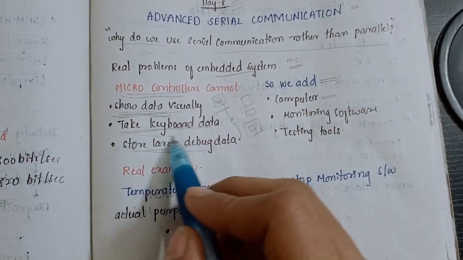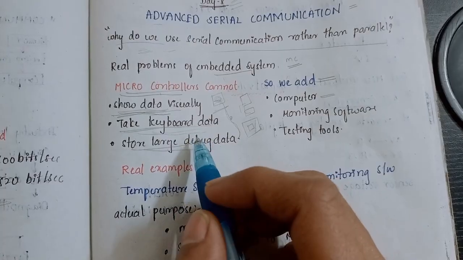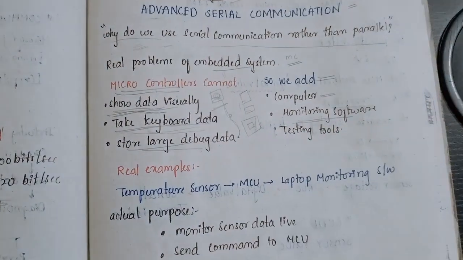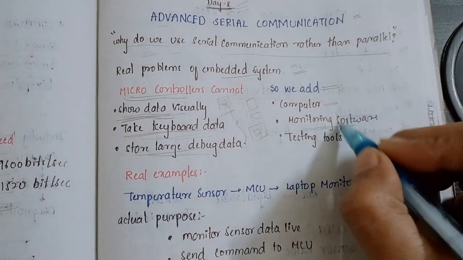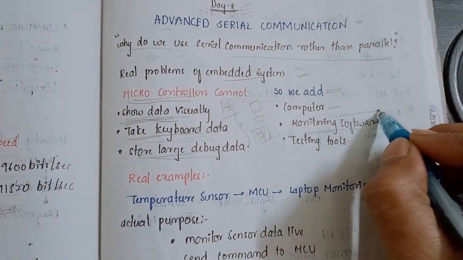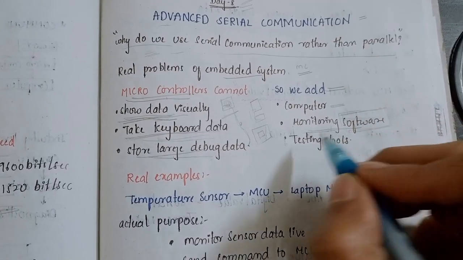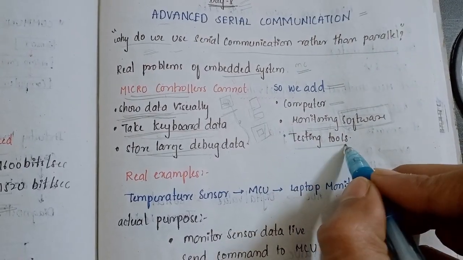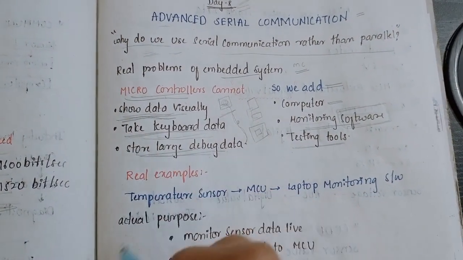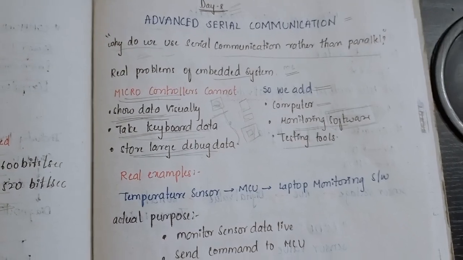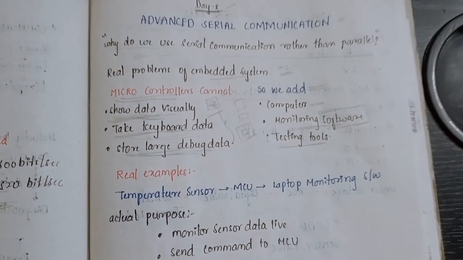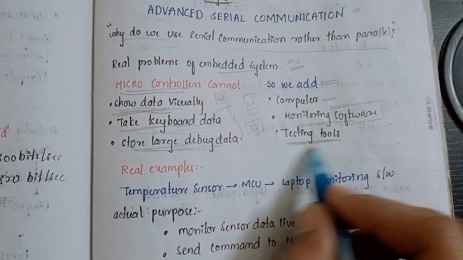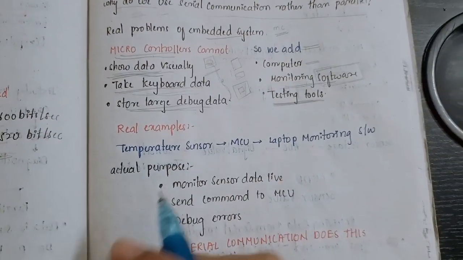Since it cannot take data through a keyboard, we'll be using monitoring software, which monitors the outcome and changes it as per the requirement, and testing tools. When we debug an error or data, we need to test it, so we will be using external testing tools.